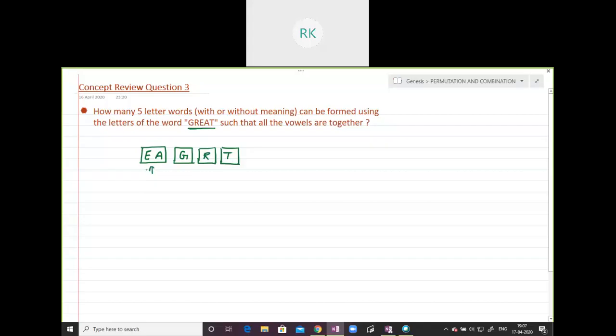The two vowels are together, right? So how many boxes are there? There are 4 boxes. So 4 boxes, 4 positions, how many ways? 4 factorial ways. Now inside the box also I can arrange how many ways here? 2 ways. There are 2 vowels inside the box, so I can also rearrange inside the box. It's the internal rearrangement. How many ways? 2 factorial ways. So answer is 4 into 3 into 2 into 2. Yes, everybody. Right answer. 48.